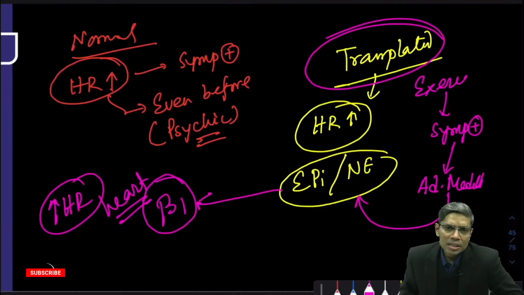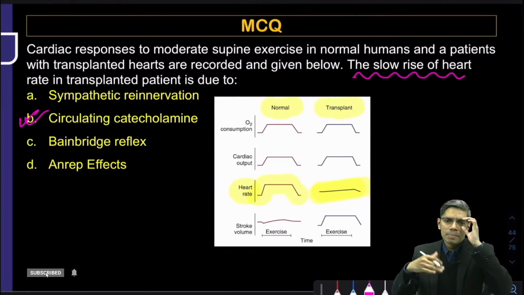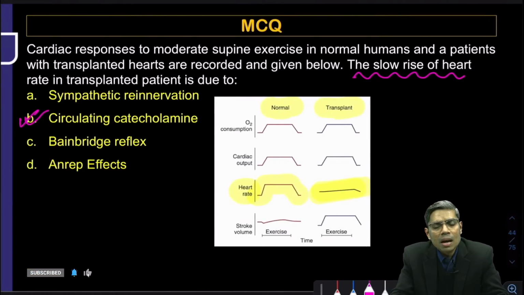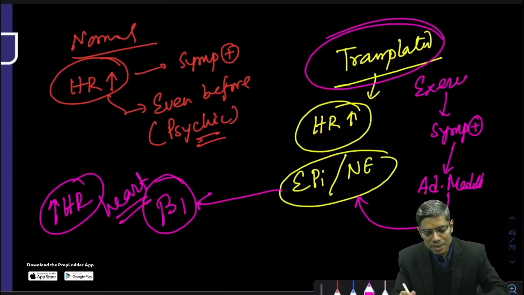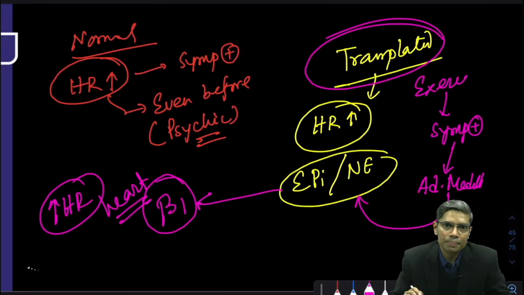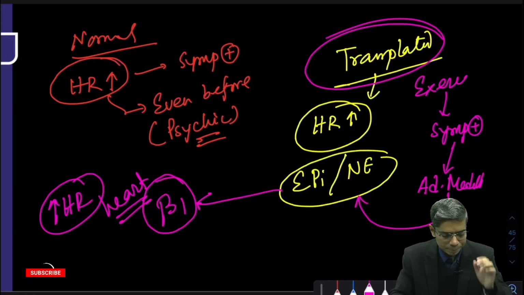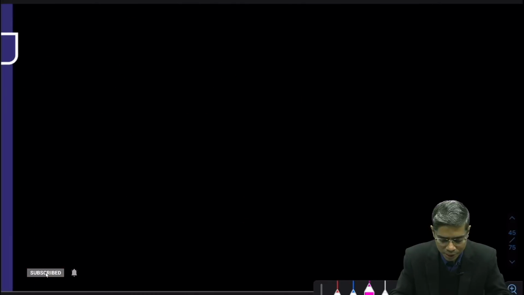So a few pieces of information you have to remember: in case of a transplanted heart person, how is the cardiac output rising? Heart rate rises slowly, but how will cardiac output rise? It is said that mainly because of the Frank-Starling law, cardiac output increases even in a transplanted heart person. Okay, I will tell you.